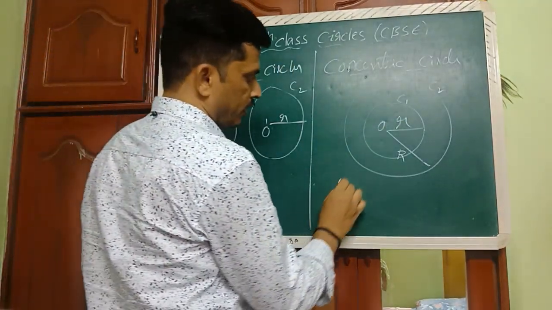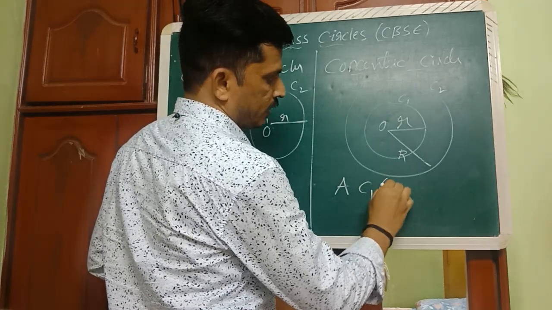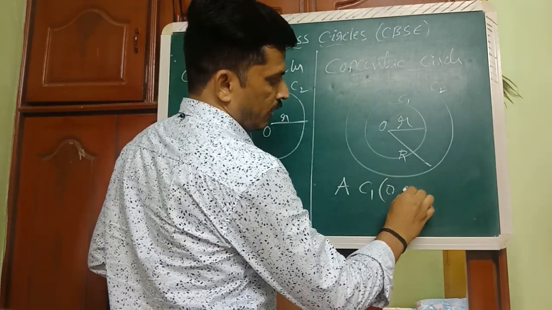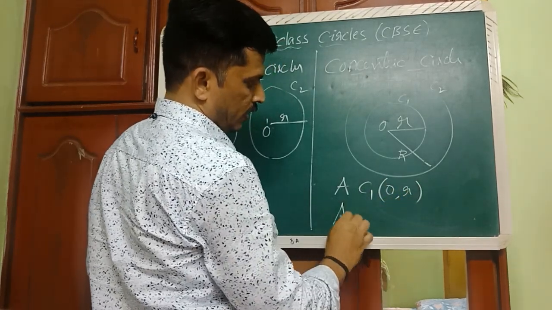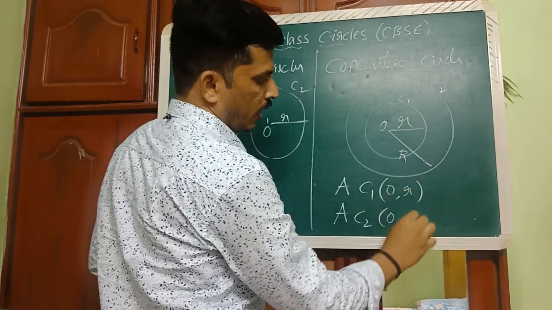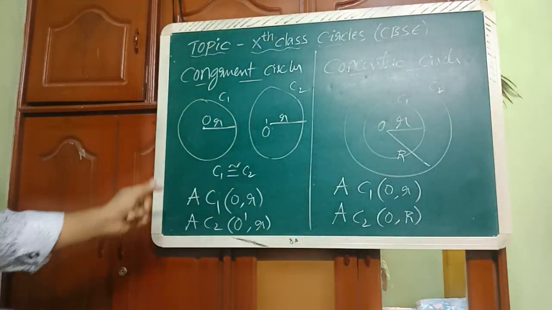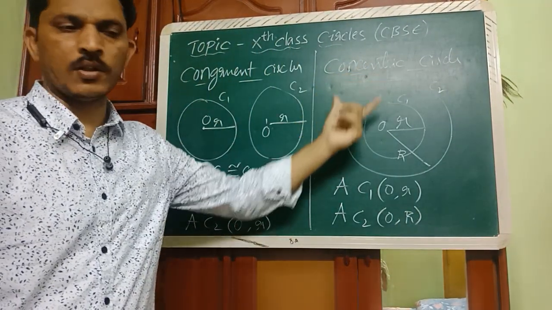See how I will represent it: a circle C1, center is O, radius is R. A circle C2, center is O and radius is R. This is about congruent circles and concentric circles.